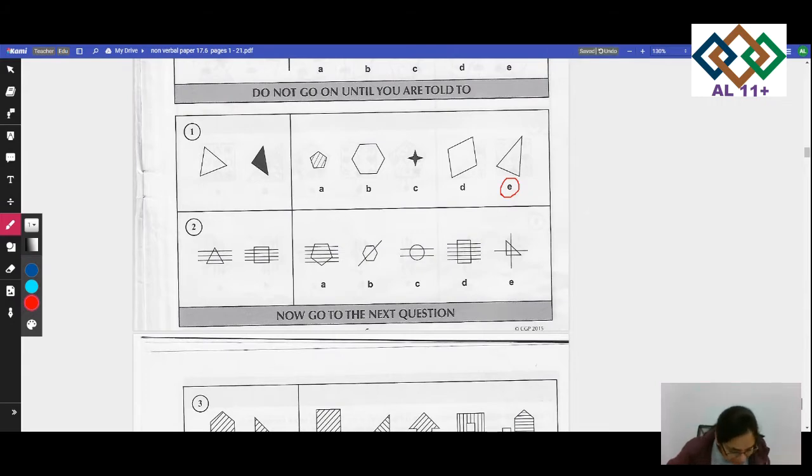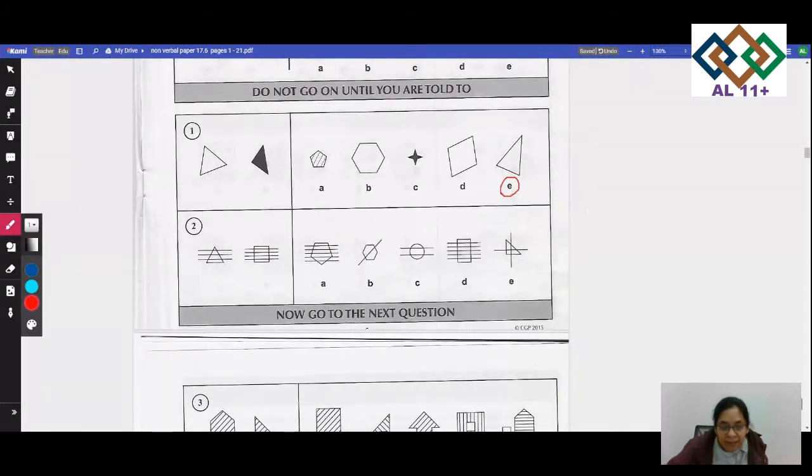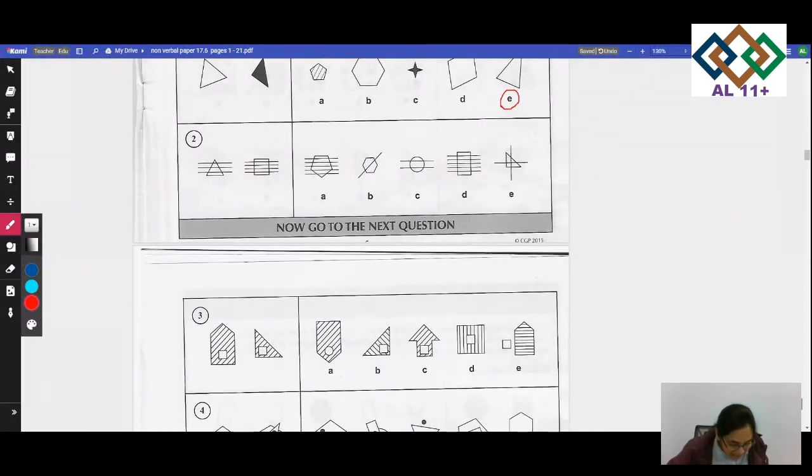The reason for that is all the shapes must be a triangle. And in number 2, we are looking at the lines. In all the figures, the number of horizontal lines must be the same as the number of sides of the shape. So you should look at the lines, which should be the same as the shape. So what do you think it is?